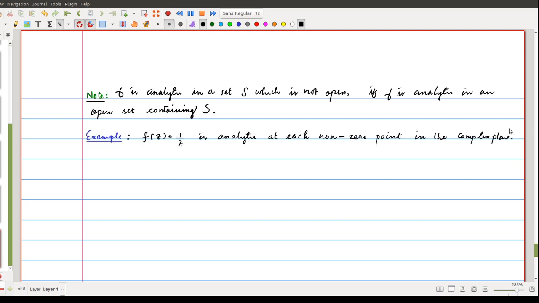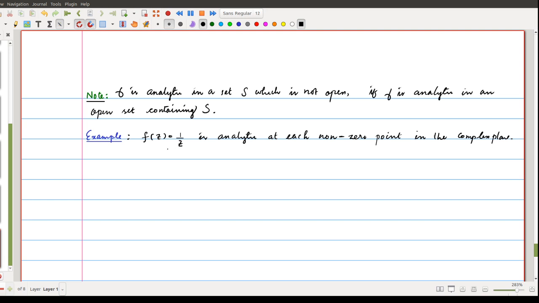For example, f of z equal to 1 by z is analytic at each non-zero point in the complex plane. We know that at the point z equal to 0, this function is not defined, so f is not continuous, consequently it is not differentiable at z equal to 0.